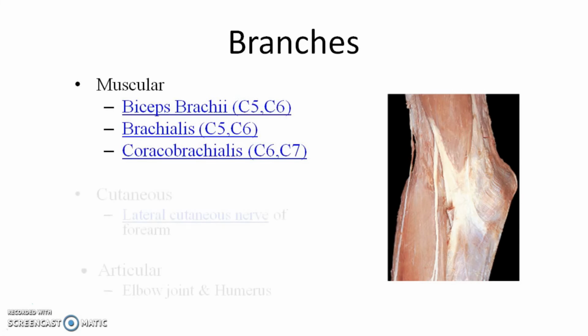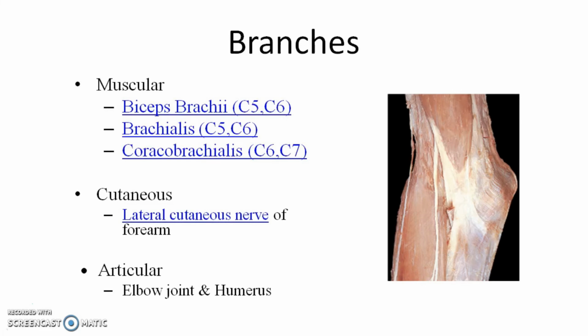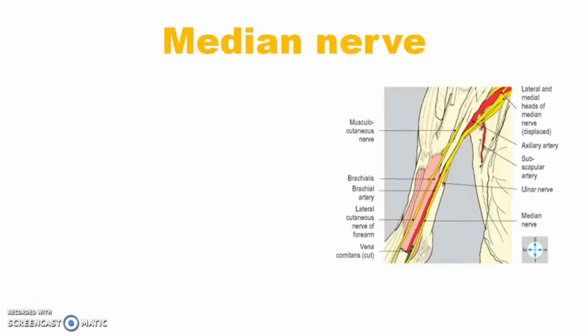So it gives muscular branches for biceps brachii, brachialis and coracobrachialis, and it gives cutaneous sensation in the forearm region as the lateral cutaneous nerve of forearm. It also gives some articular branches to joints such as the elbow joint, and some branches are given to the humerus also.